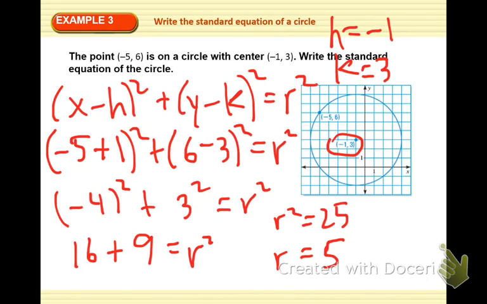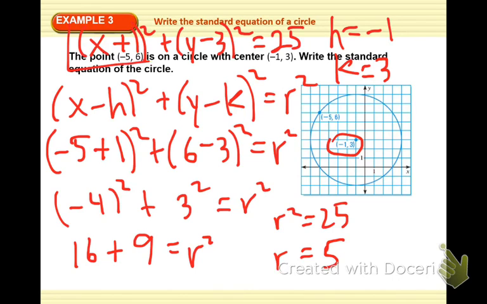So now I know h, k, and r. I have to write the equation of the circle. So it's going to be x minus h. So x minus a negative 1 is (x + 1)^2 + (y - 3)^2 = r^2, which is 25. There's the equation of the circle.